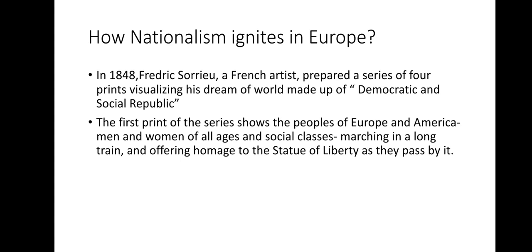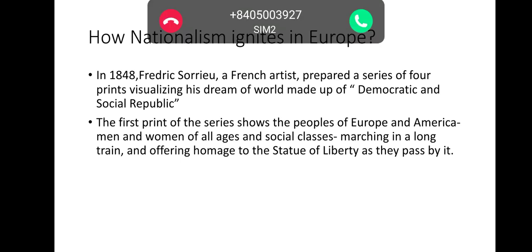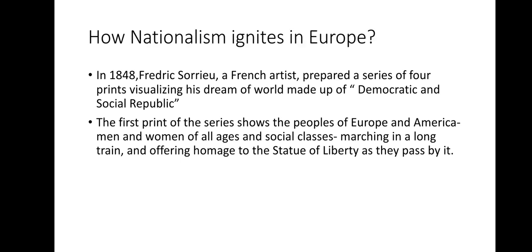You will get an outline, that means a long queue of men and women marching towards their ambition or their destination. Along with that you can see the Statue of Liberty, and many gods and goddesses giving their blessings to the people.